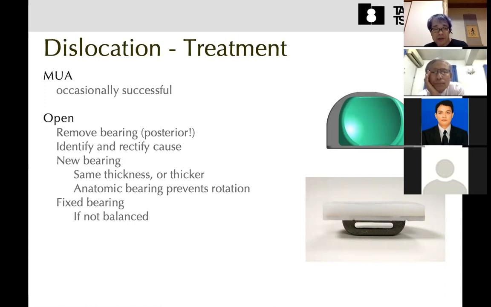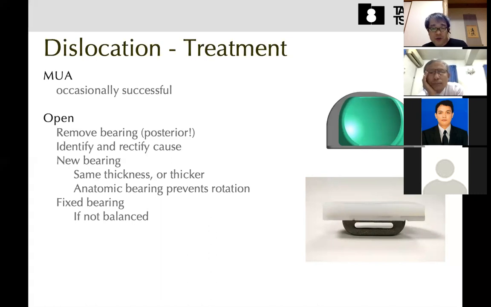Is there any osteophyte or is there any remnant meniscus or some bone edge? And in addition, we need to check the distance between the bearing and lateral wall of the tibia tray. Sometimes it's too tight, the bearing hits the lateral wall, and in other cases, it's too separated from the lateral wall. And then change the bearing.